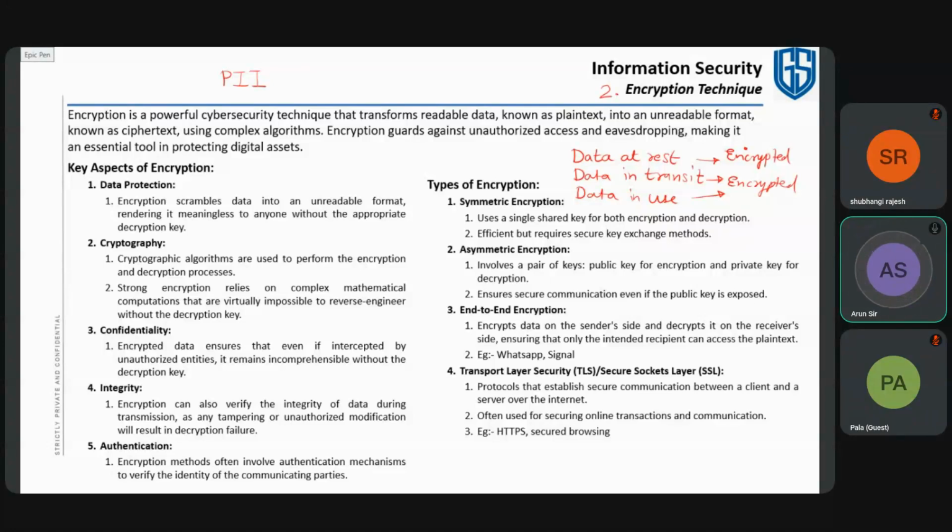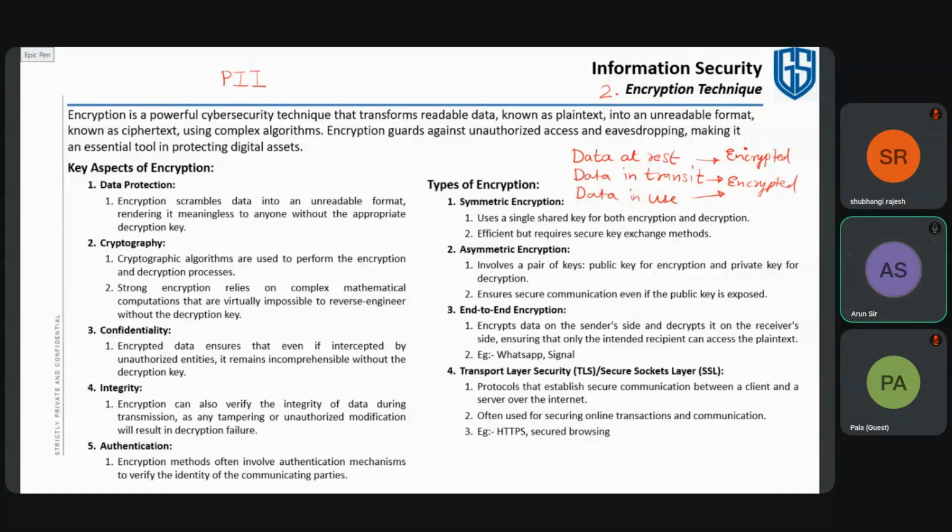And lastly is the data in use. Nowadays, with the increased trends of AI and quantum computing, data in use is also vulnerable.